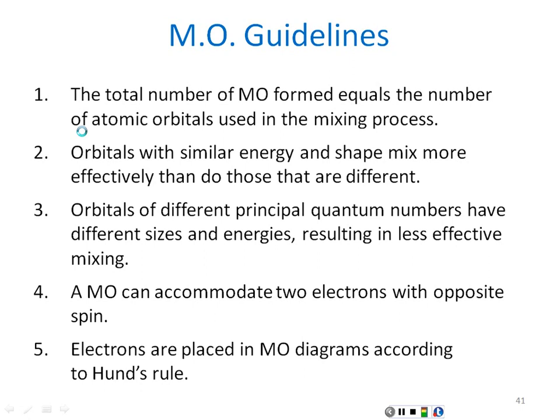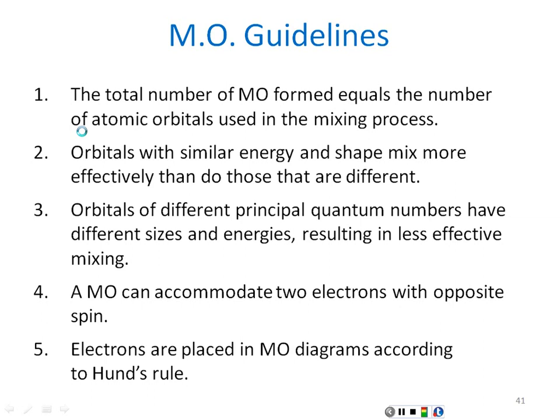The number of atomic orbitals that are mixed equals the number of molecular orbitals that are formed. And orbitals with a similar energy and a similar shape mix more effectively than orbitals that are different energies or different shapes. Orbitals of different principal quantum numbers have different sizes and different energies, and this results in less effective mixing.